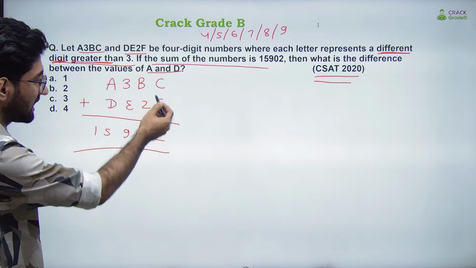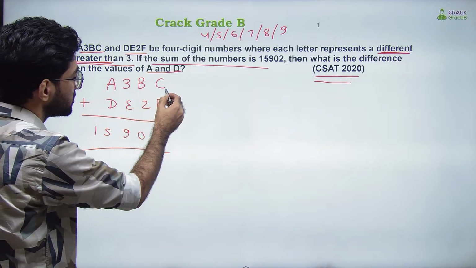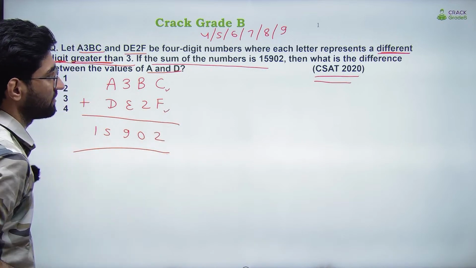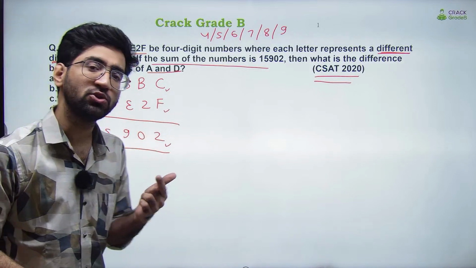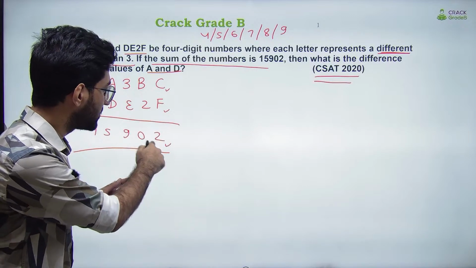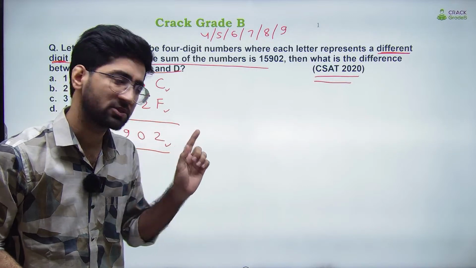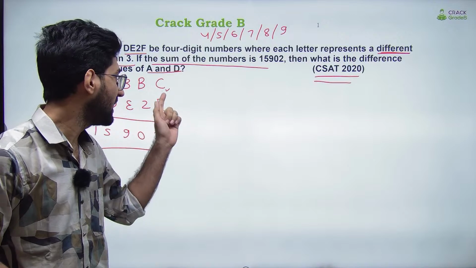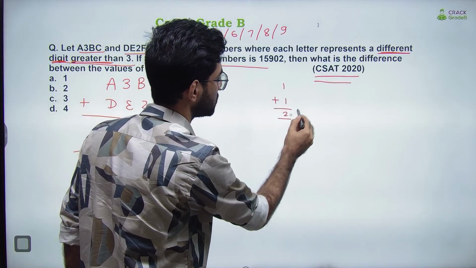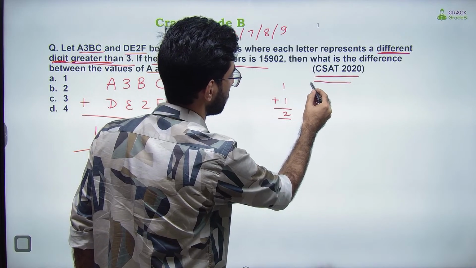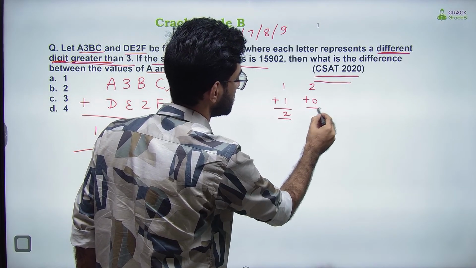Okay, let us start from this side. If you add C and F, you have written here 2. See, when will you get 2? When you add 1 plus 1, then 2. When you add 3 plus 9, see, look at this side. 1 plus 1 is 2, right? Then obviously 2 plus 0 is 2.